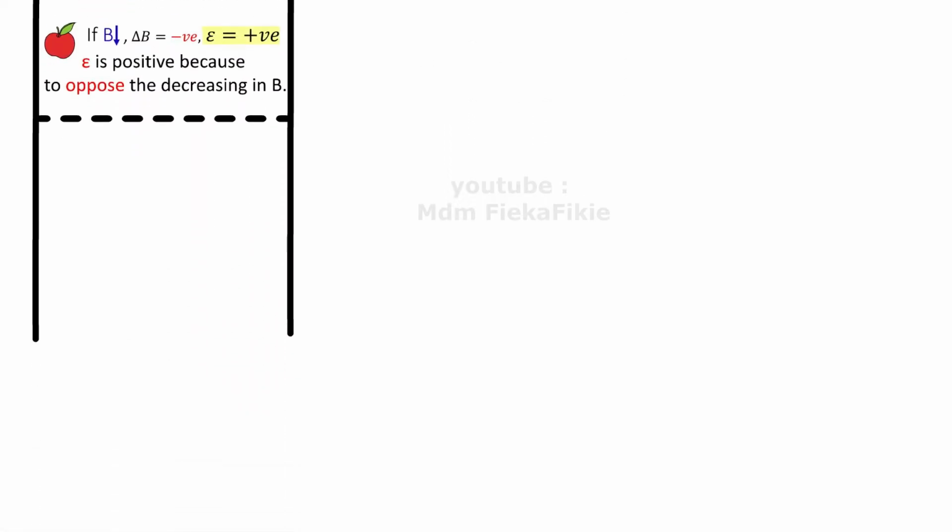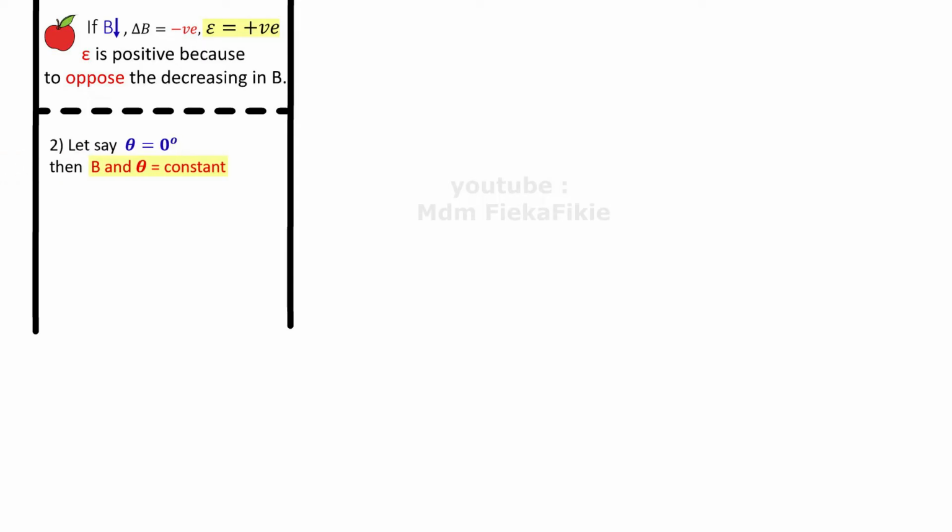So here let's say the angle is still equal to 0, but this time B and theta is constant. B tidak berubah, angle juga tidak berubah. Kali ini yang berubah adalah dia punya area. So area is changing with time.